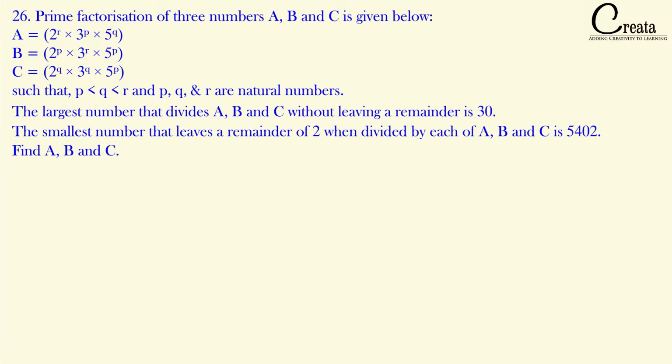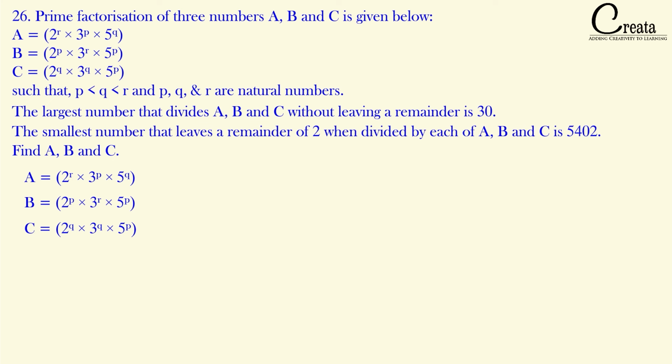Let's move to question number 26. Pause the video and try to solve this question on your own. So welcome back. Let's approach this question. In this question, the three numbers a, b and c are given, which are already prime factorized in terms of 2, 3 and 5.